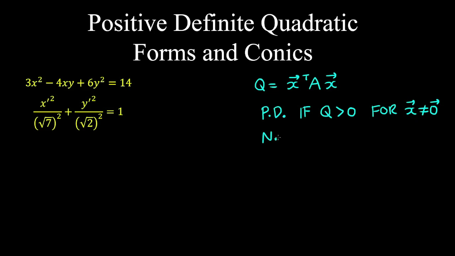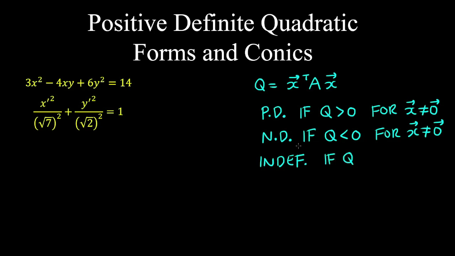And the quadratic form is negative definite if it's less than 0 for x not equal to 0, and it's indefinite if Q has positive and negative values.